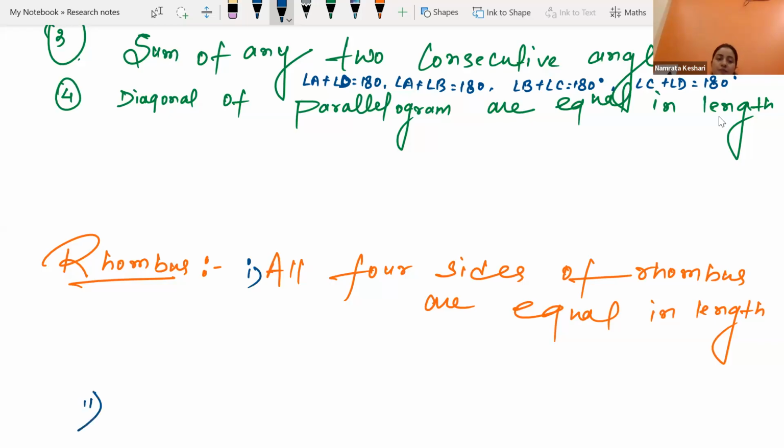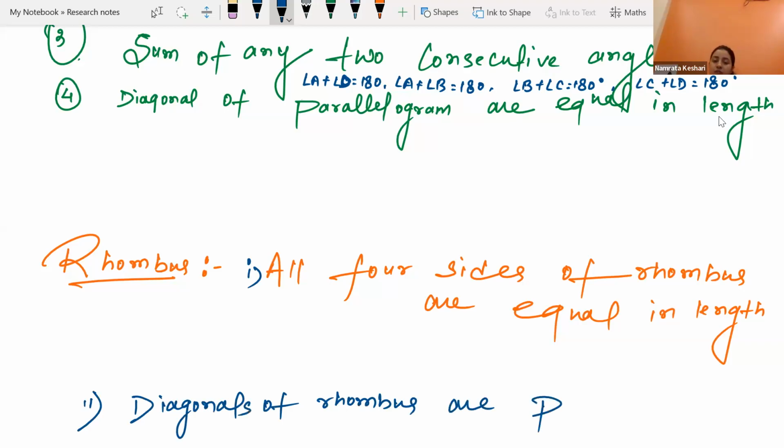The second property: diagonals of a rhombus are perpendicular bisectors of each other.